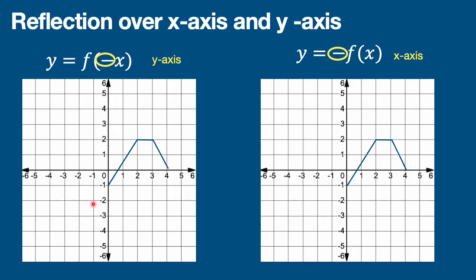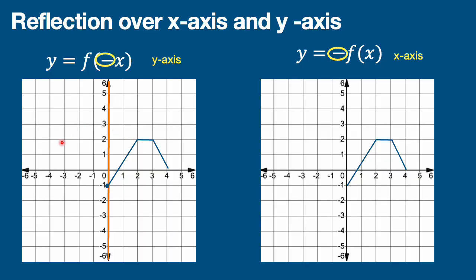How are we going to do that? You go point by point. Here is the point negative 1, and the y value is negative 1. 0 and negative 1 stays there on the y-axis. How about this point, 2 and 2?